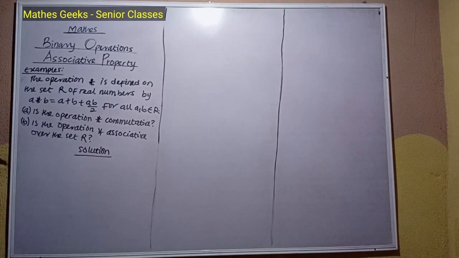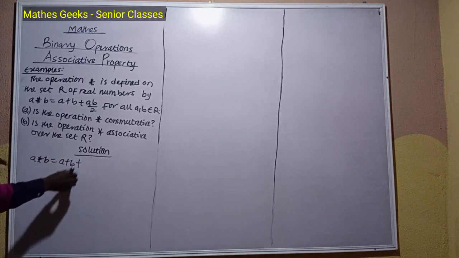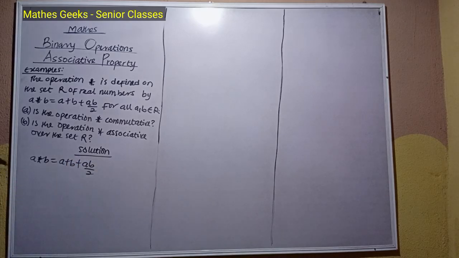The operation star is defined on the set R of real numbers by A star B is equal to A plus B plus AB over 2, for all A, B members of R. Is the operation star commutative?